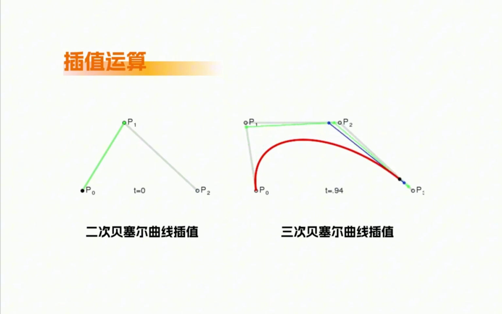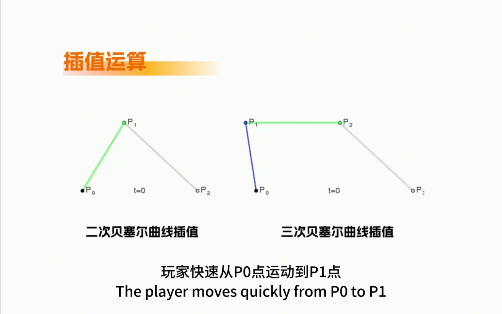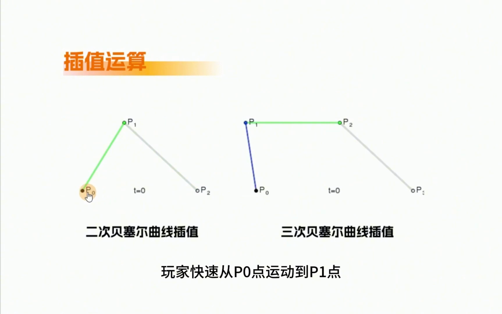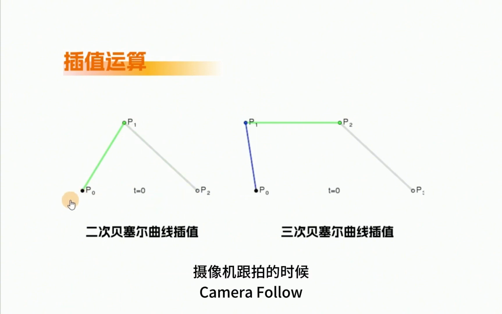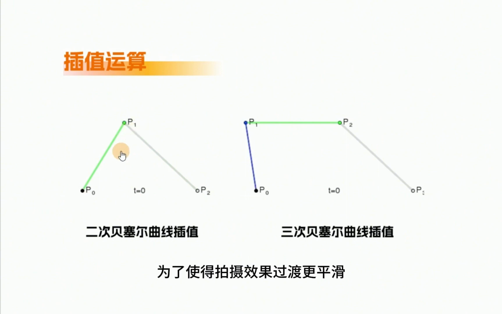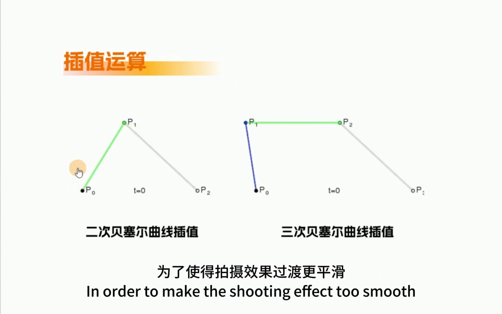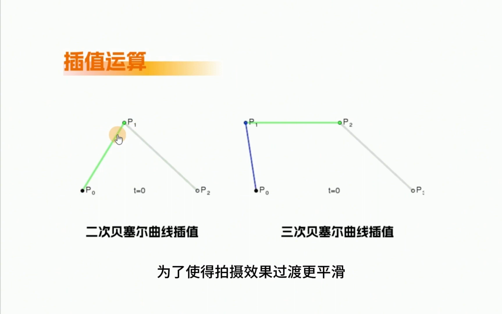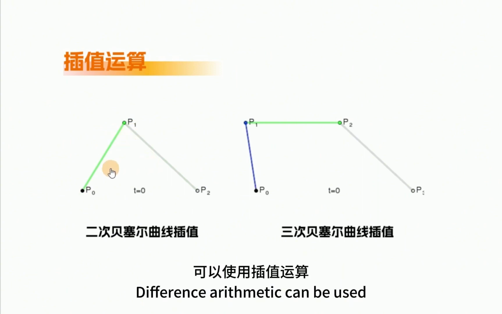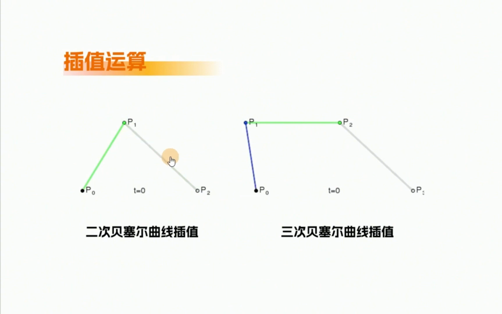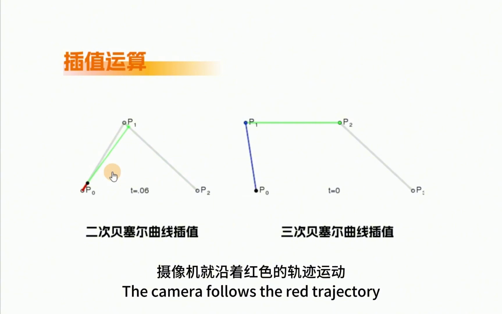Suppose the player moves quickly from P0 to P1 and then to point P2, and the camera follows. In order to make the shooting effect smooth, interpolation arithmetic can be used. After the final interpolation, the camera follows the red trajectory.